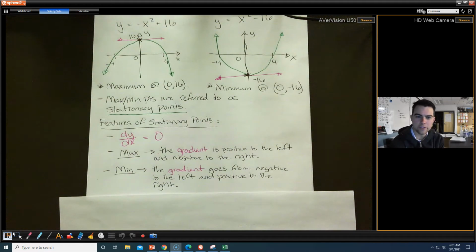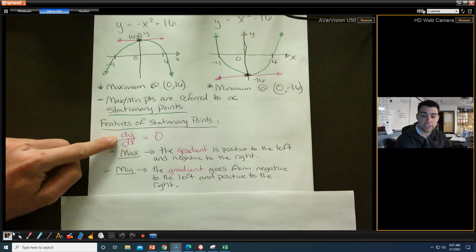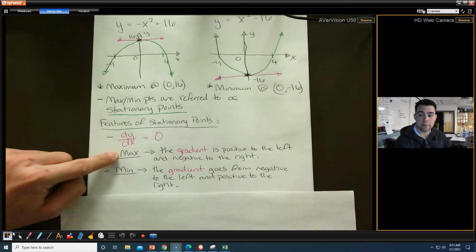So depending on what the sign of our gradient is, we can determine the nature of our stationary points, whether they're maximums or minimums, because dy/dx = 0 just tells us it's a stationary point. It doesn't specify whether it's a max or a min. That's where the sign of the gradient will come in.